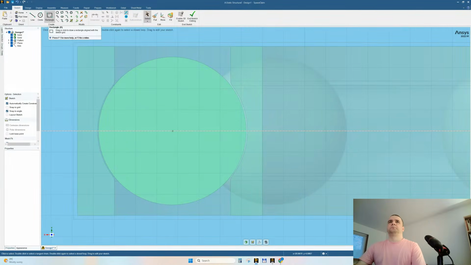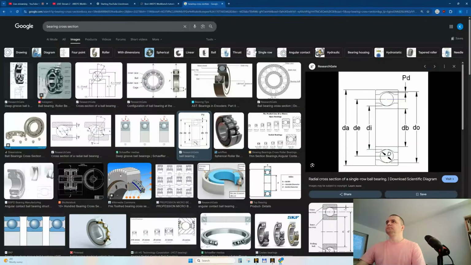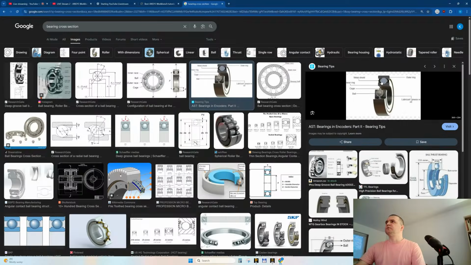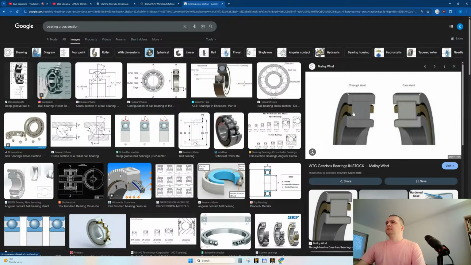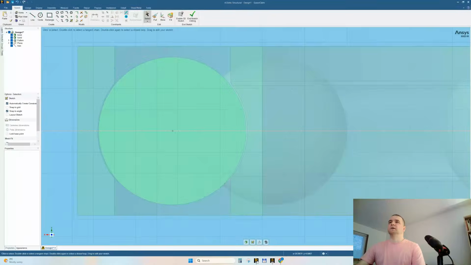So, all right, what we learned from these drawings is that the cage should be bigger or overlap the center of the roller. You can see that the cage is above the center of the roller or the ball. This is what we need to take into account when doing this cage.